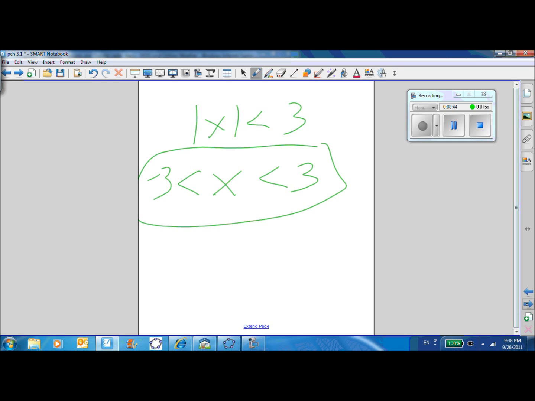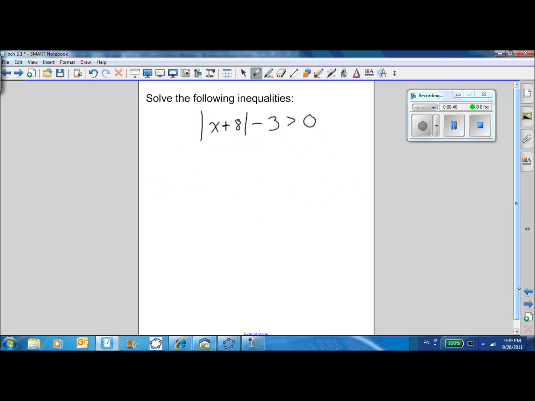Let's practice some more examples. Solve the following inequalities. Absolute value of x plus 8 minus 3 is greater than 0. First, when you're going to decide is it absolute value greater than or absolute value less than, get the absolute value isolated by itself on the left. So we've got absolute value of x plus 8 is greater than 3. So it's an absolute value greater than problem. x plus 8 is greater than 3, or x plus 8 is less than negative 3.